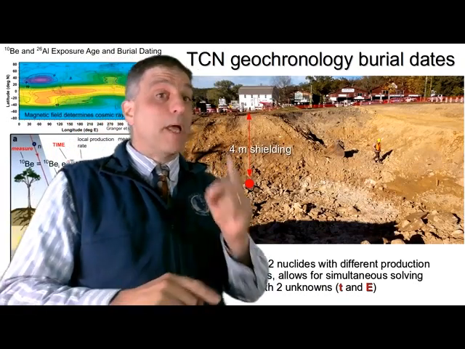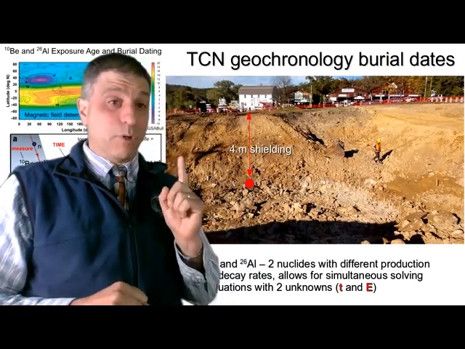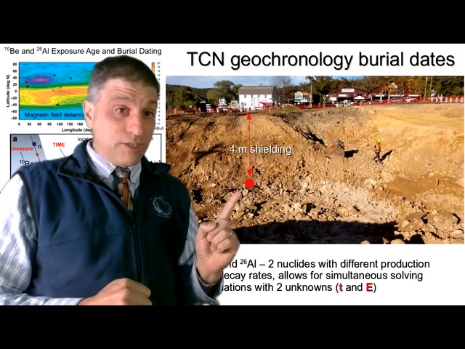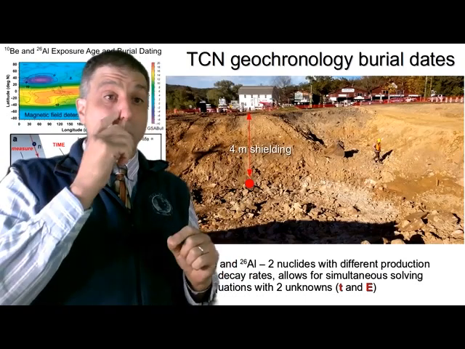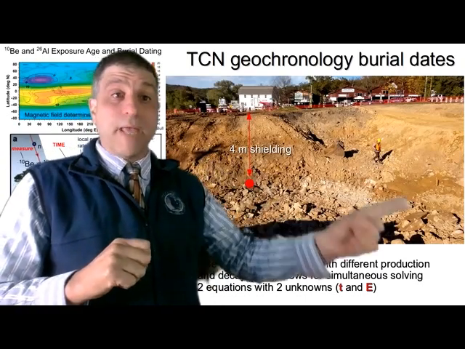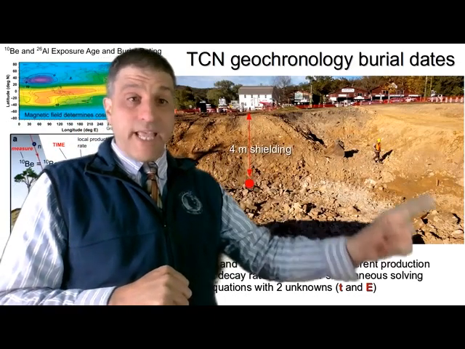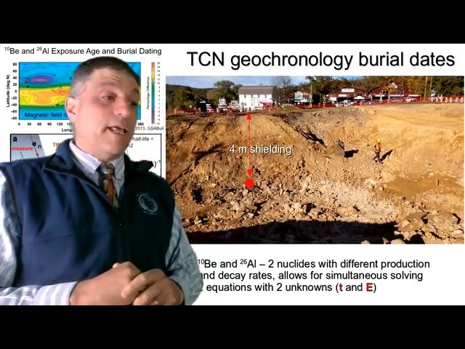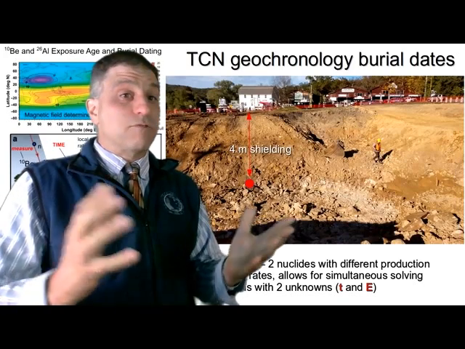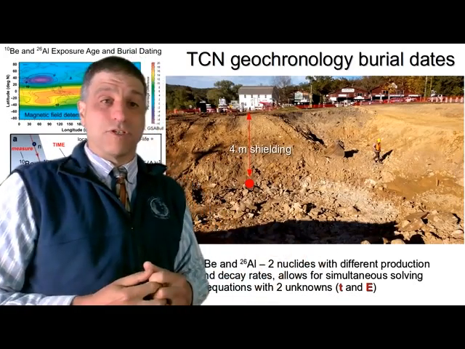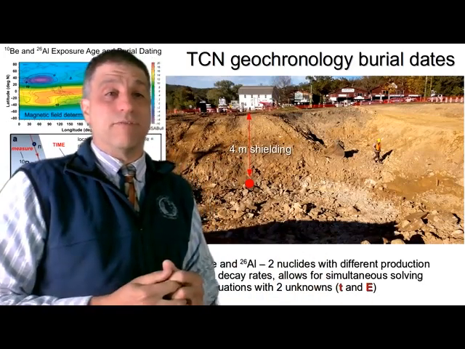and we can measure beryllium and aluminum, because if you could measure both beryllium and aluminum in a sample that is deeply shielded, you can say, well, the beryllium was made at a constant rate and it is decaying at a constant rate. The same is true for aluminum, but those rates aren't the same, right? Aluminum is made at a different production rate and it decays at a different rate.